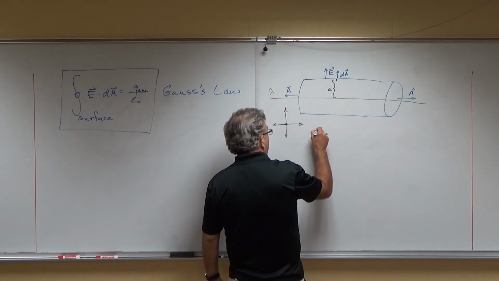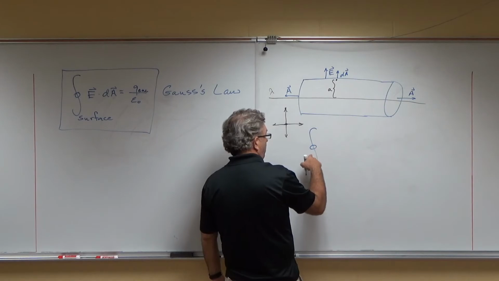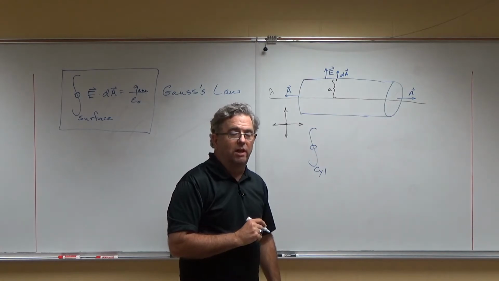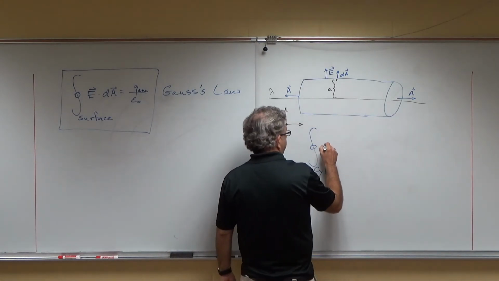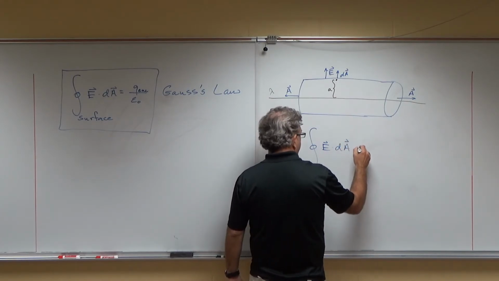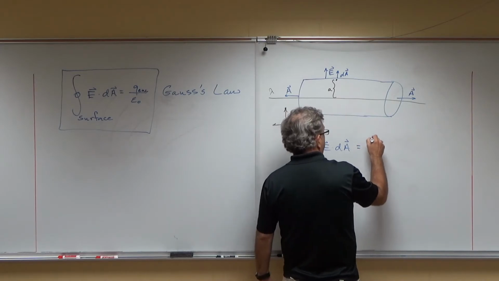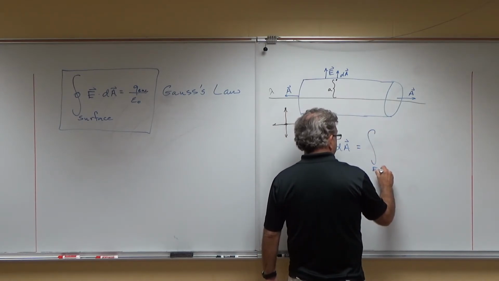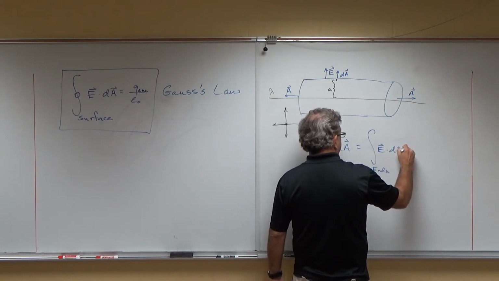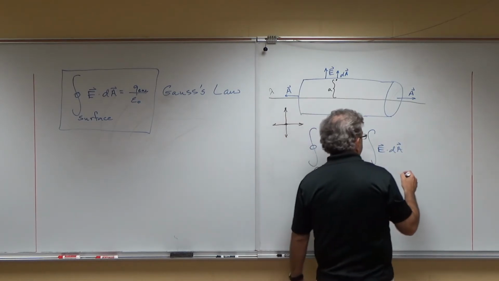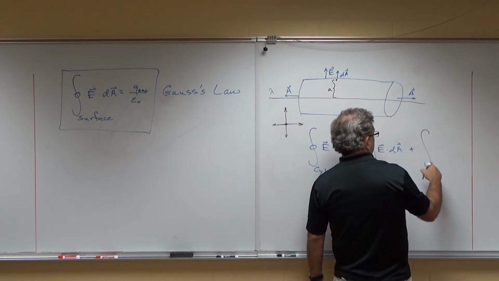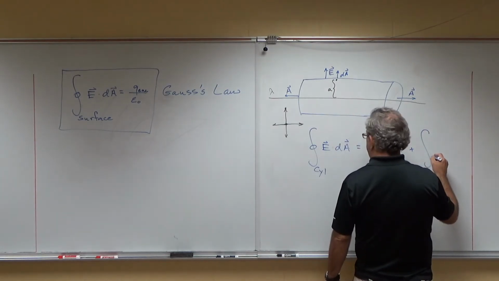So when I do this integral, I've got the closed integral over that cylinder of E dot dA. Well, that's going to equal the integral over the ends of E dot dA. I can't forget the ends, since it's a closed surface, plus the integral over that cylindrical part.